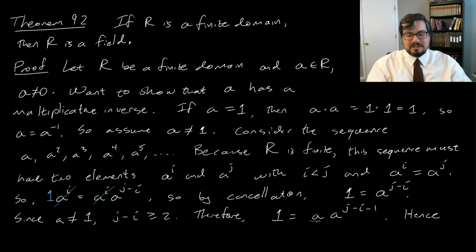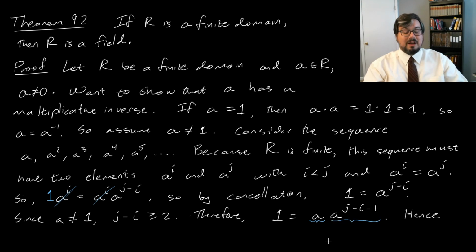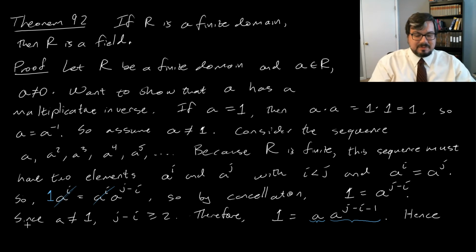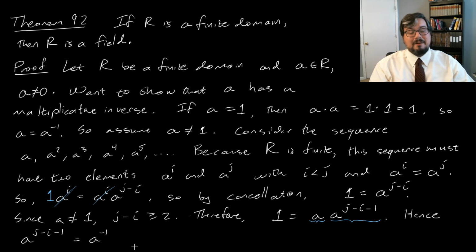We've expressed the multiplicative identity as a product of a, the element that we cared about, with something else. So this means that a^(j-i-1) is the multiplicative inverse of a. And so a is a unit.